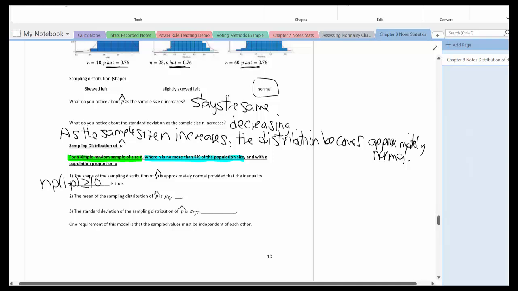The mean of the sampling distribution of p hat is the population proportion, and the standard deviation of the sampling distribution is the square root of p times 1 minus p all over n. Okay? Now, one requirement of this model is that the sampled values must be independent of each other. That should hopefully be taken care of if the sample is less than or equal to 5% of the population.